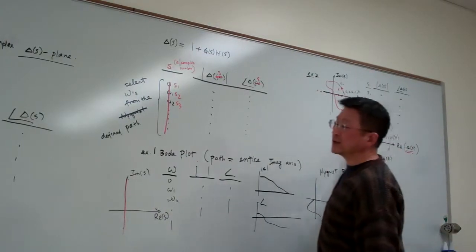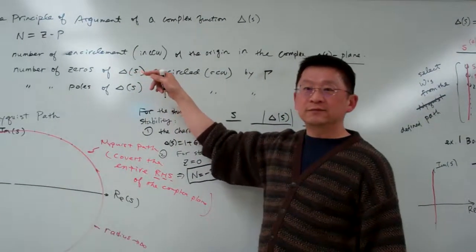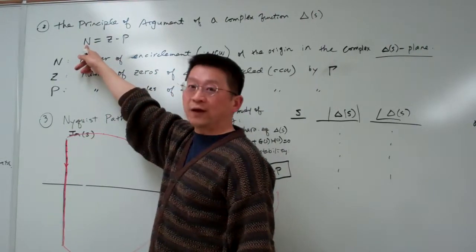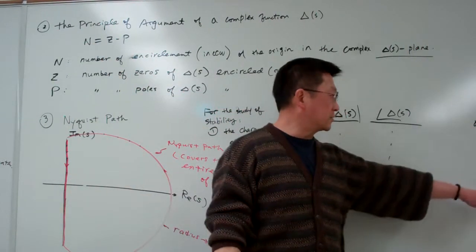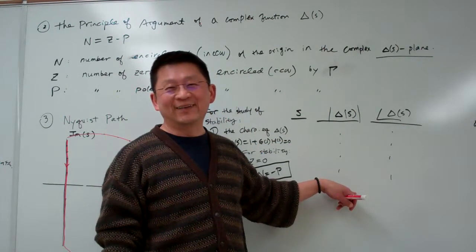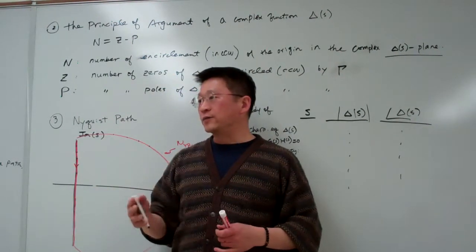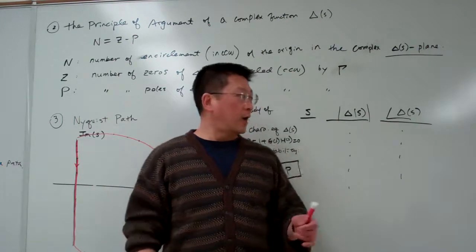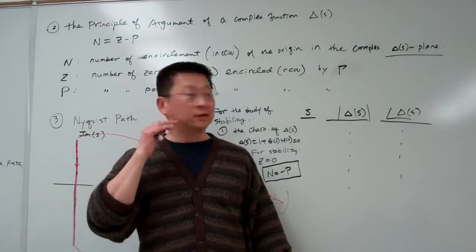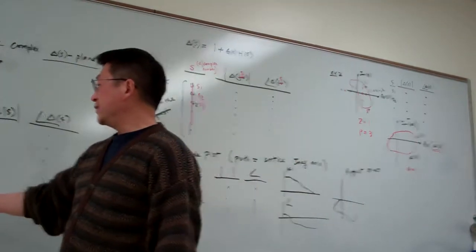Once you have the figure, it will allow you to determine how many times the origin is encircled. You good? So to get the number, you have to implement these calculations. Should be easy. The remaining time, I will help you through quite a few exercise examples. The focus will be on using this kind of tabulation to help you plot this kind of graph. So keep this in mind.